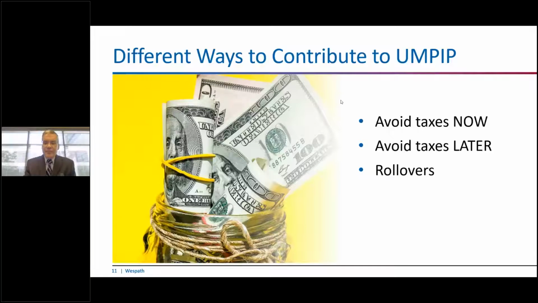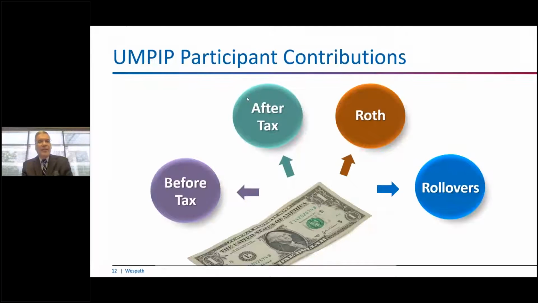So let me show you the different ways that you can make contributions, the different, really, I like to call it sources of money, separate balances. You might have one, two, or several of these participant contribution sources. The most common one we see is your before-tax contributions, okay?